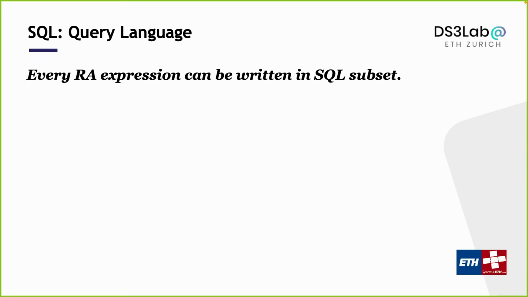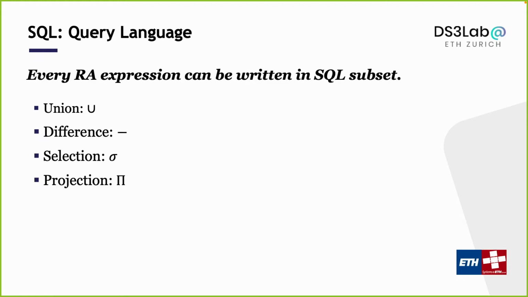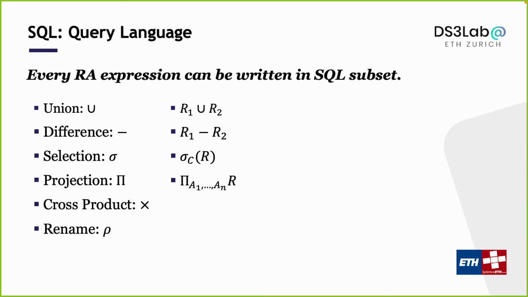So how to prove that? It's very simple. What are the operations that we know in relational algebra? We have union, difference, selection, projection, cross product, and renaming. That's all we need in relational algebra. So this is how you represent the thing on the left-hand side.